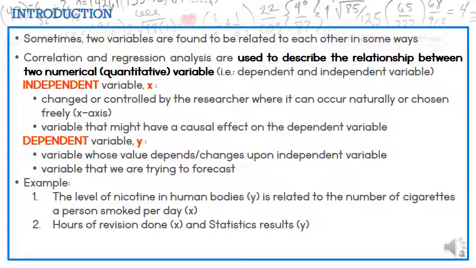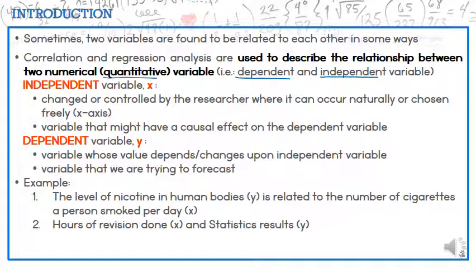So correlation and regression analysis are used to describe the relationship between these two numerical variables. In this video, we are going to discuss correlation and regression analysis for quantitative variables only, where one of them is the dependent variable and another one is the independent variable.